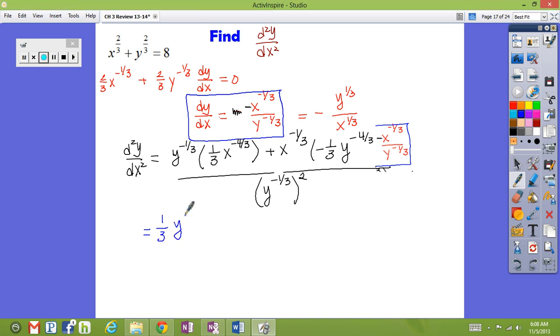I have y to the 1/3, negative 1/3, oopsie, x to the negative 4/3. Here I have this negative and this negative, so that would become a positive. Same thing, I am going to put the 1/3 in front, and in this case, because I have a fraction already, I'm going to treat this as a fraction, and I'm going to put the 3 in the denominator.